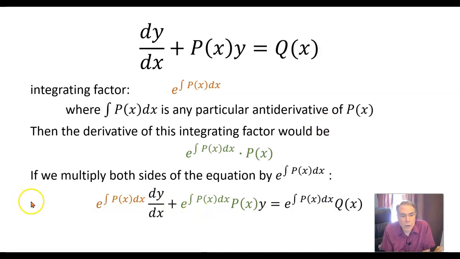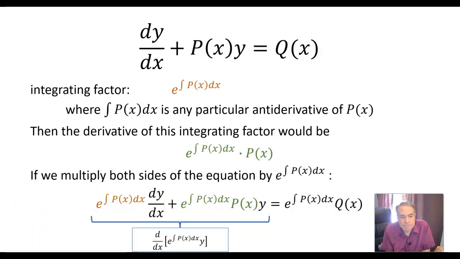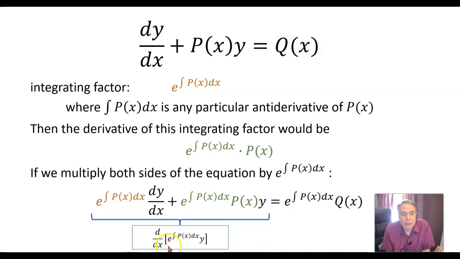So that entire left side of the equation happens to be the derivative of the integrating factor times y. First thing you get is that integrating factor times the derivative of y, plus the second thing you get is the derivative of that integrating factor times y itself.